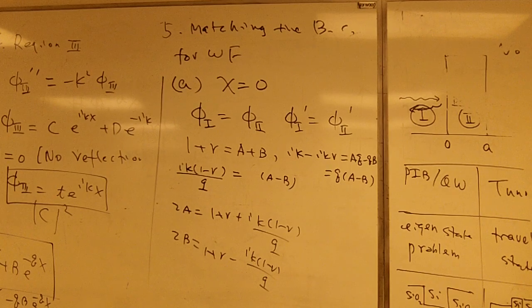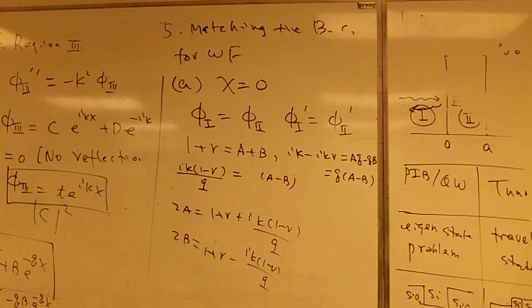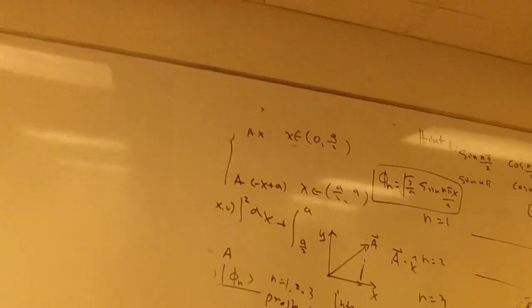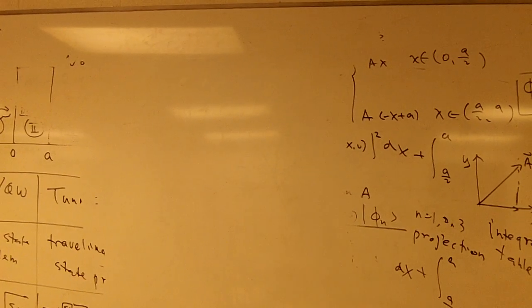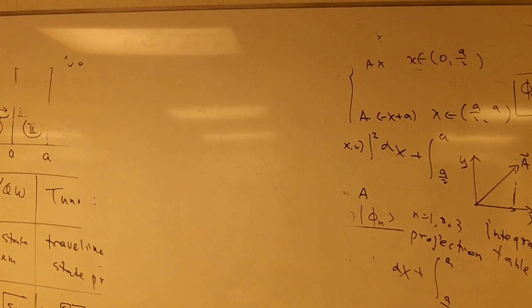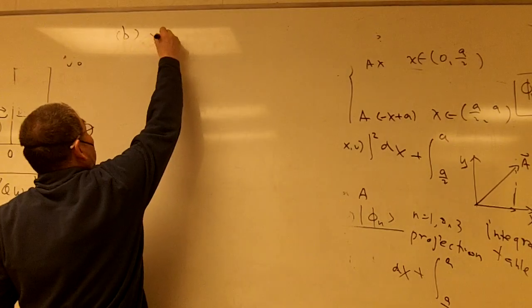This time we're going to move on to the next region, which is going to come over this side. In this case, you're going to see the features which are quite important for our boundary. So this is part B. We will have x equals a.